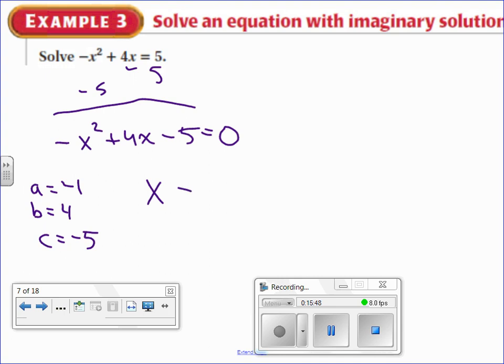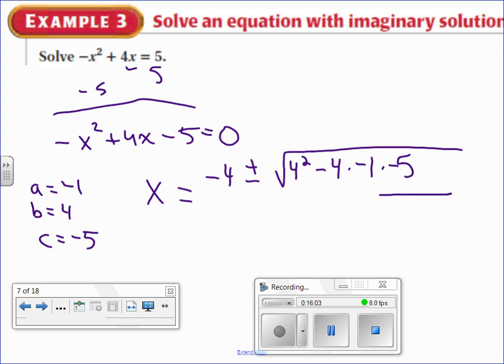X equals the opposite of B, which is 4, plus or minus the square root of B squared minus 4 times A times C. Ooh, there's a lot of negatives there. Be careful there. All divided by 2 times A. There's a boatload of negatives, so be super careful when you go to type your discriminant in.